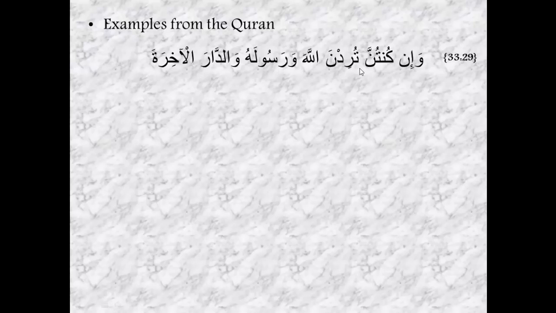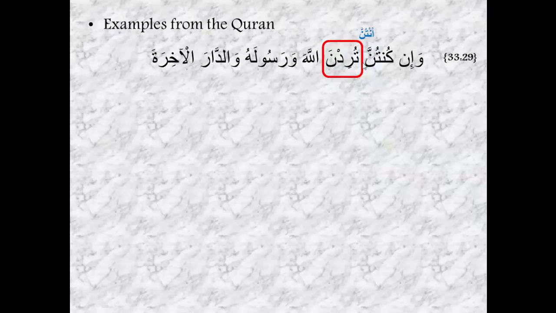Because the address is to the wives of the Prophet, a group of women, we have conjugation for antunna. Turidna, antunna. Now this verb is slightly trickier because number one, it's an example of a form 4 verb, arada yuridu. And number two, this verb is what we call ajwaf or hollow. So if you couldn't exactly tell that we've conjugated for antunna, don't worry. If you could, good for you.